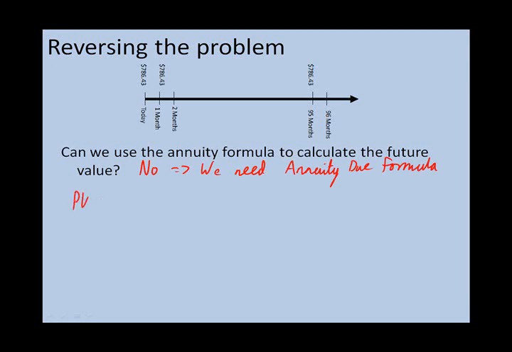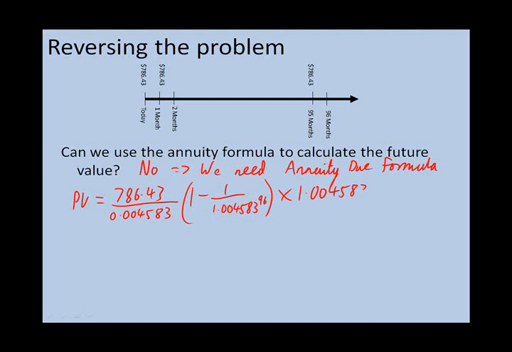And we can plug some numbers into the annuity due formula. So we know the present value is going to be equal to the monthly payment, which we know is 786.43, divided by the discount rate, which is 0.004583, all multiplied by 1 minus 1 over 1.004583 to the power 96. And all of that is going to be multiplied by 1.004583.